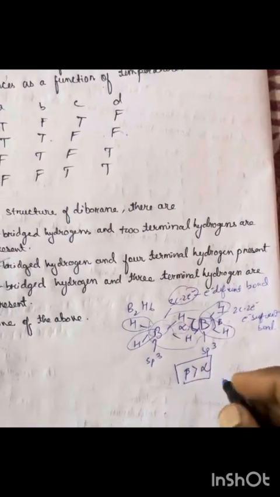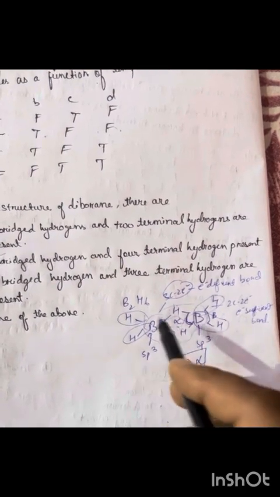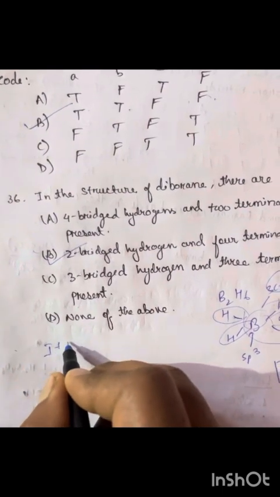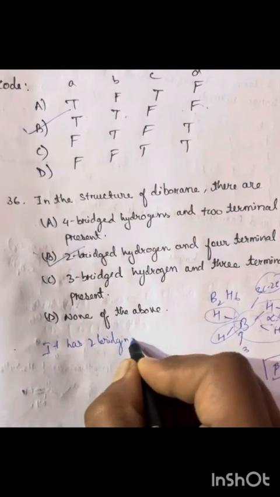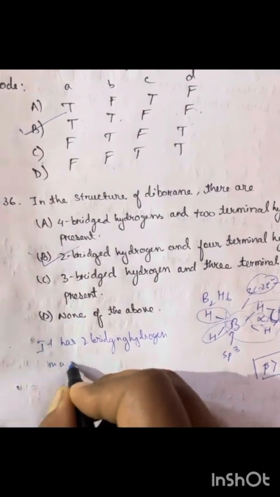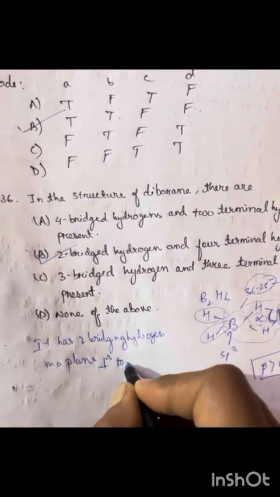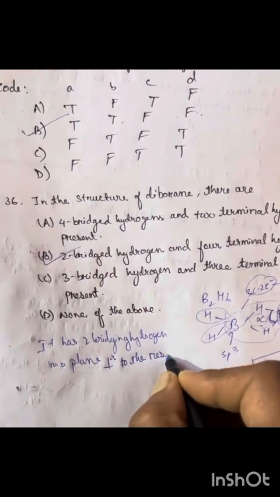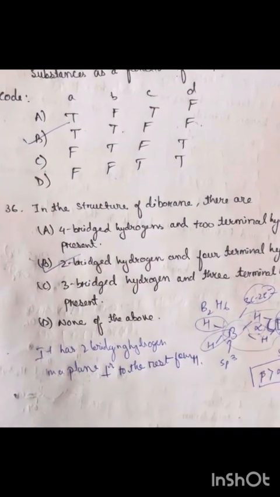Another important point is that it has 2 bridging hydrogens in a plane perpendicular to the rest of the 4 hydrogens, right? This is very important.